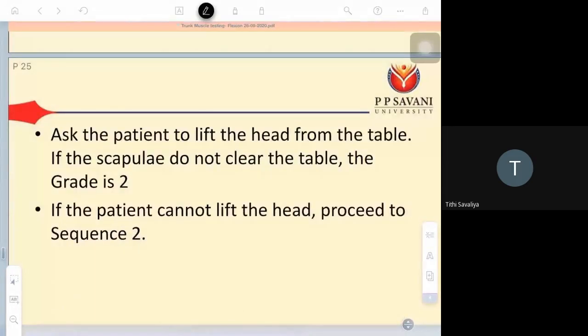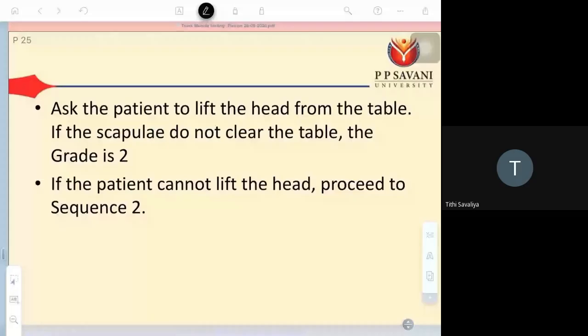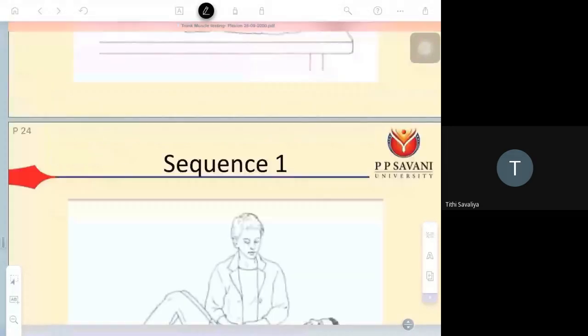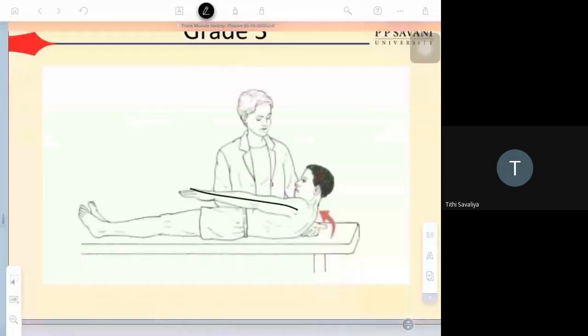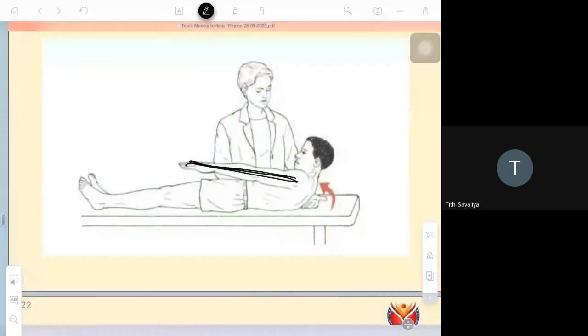Ask the patient to lift the head from the table. If the scapula is cleared, then as we already discussed, muscle power is 3. If the scapula is cleared in 3, what did we discuss? Clear. In this position, if the scapula is cleared off the table, then muscle power is 3.